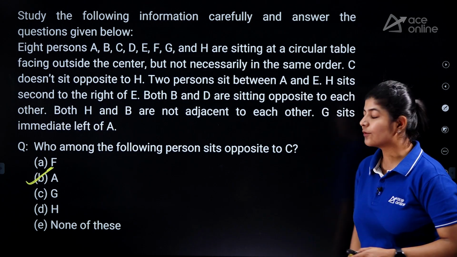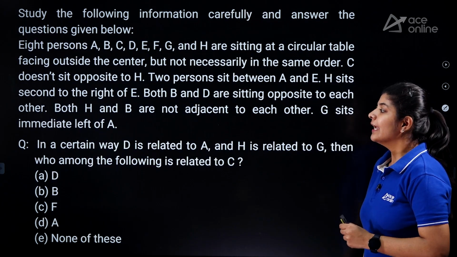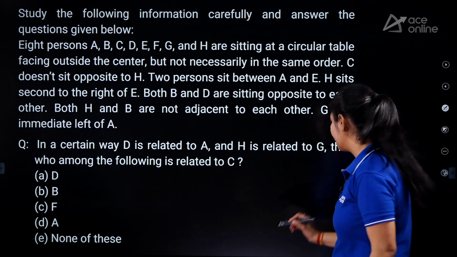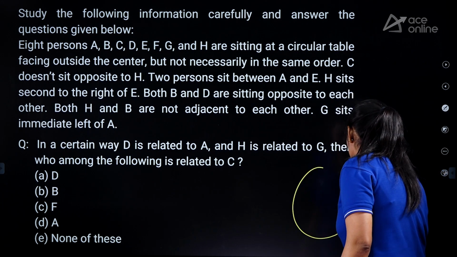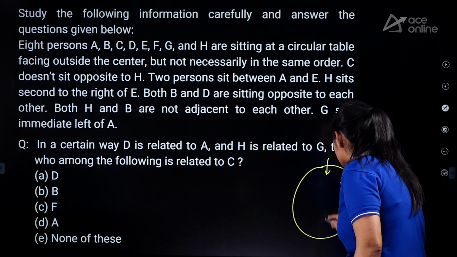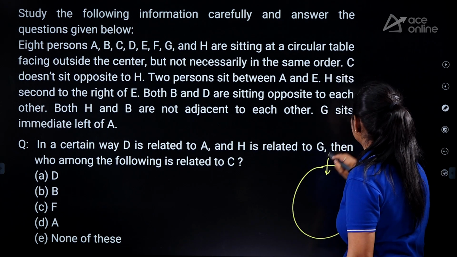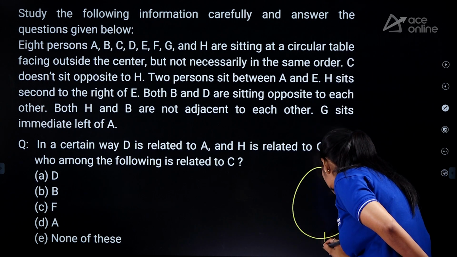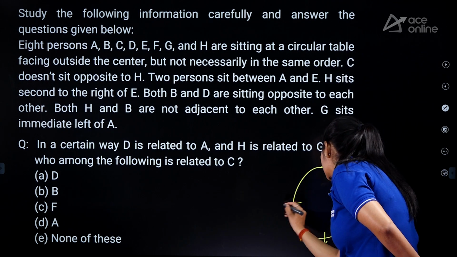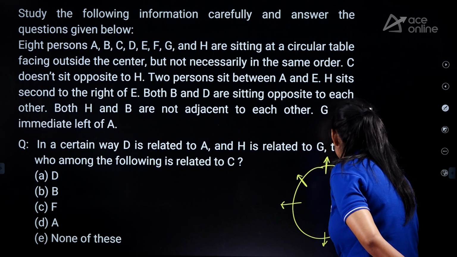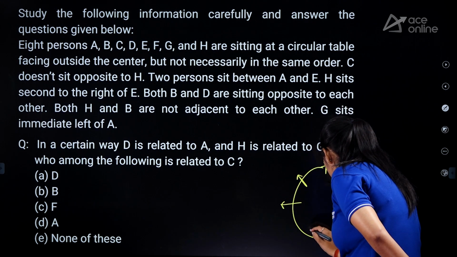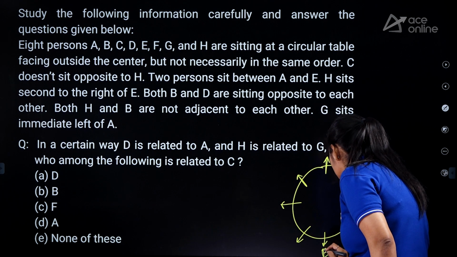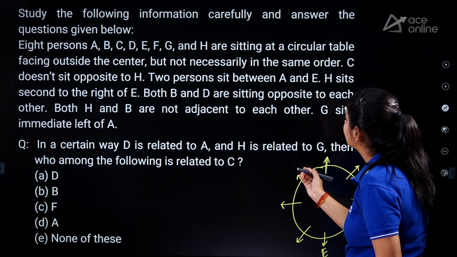And the last question. In a certain way, D is related to A. We can do one thing. We simply draw the diagram again over here, because it consumes much more time to go back to that particular slide. So here we are having E, second right.